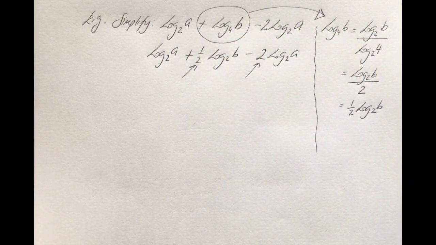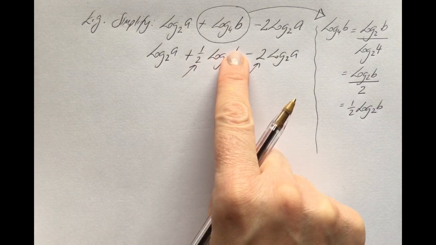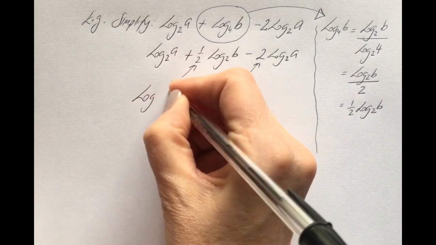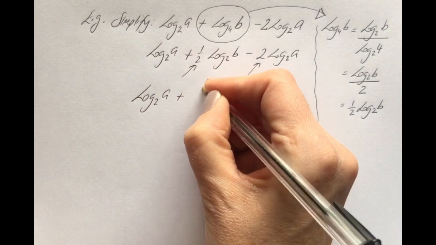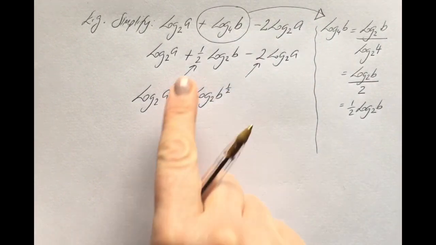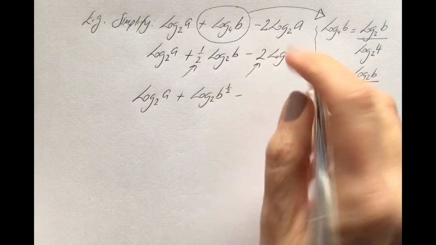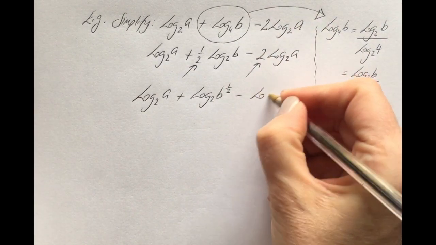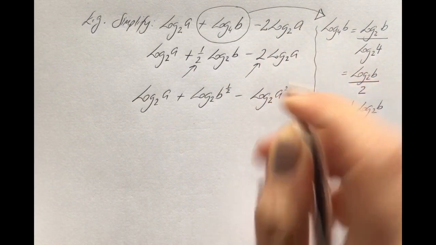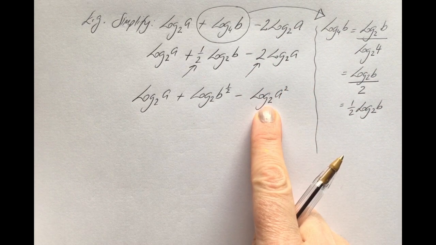So I'm going to apply my third law of logs to bring this from down here, being multiplied, up here as a power. So that's going to give me log a in the base 2 plus log b in the base 2, and b to the power of a half, I can bring from here up to the power using our third law. This I can bring up here. So 2 log a in the base 2 is the same as log a squared in the base 2.